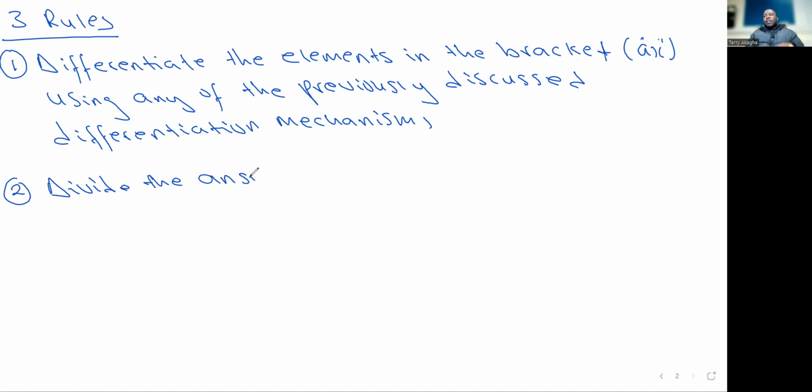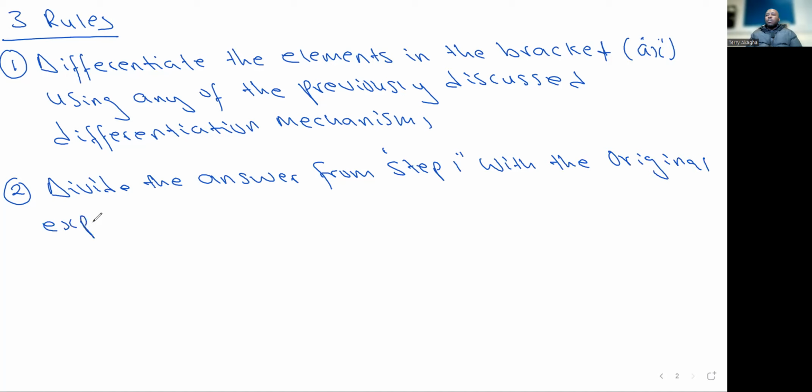So you divide the answer from step one with the original expression in the brackets from the question.